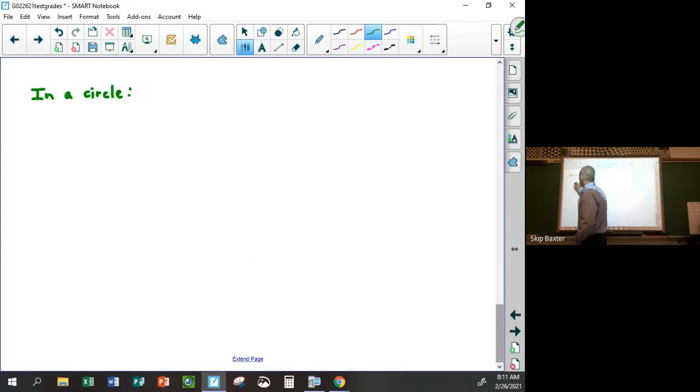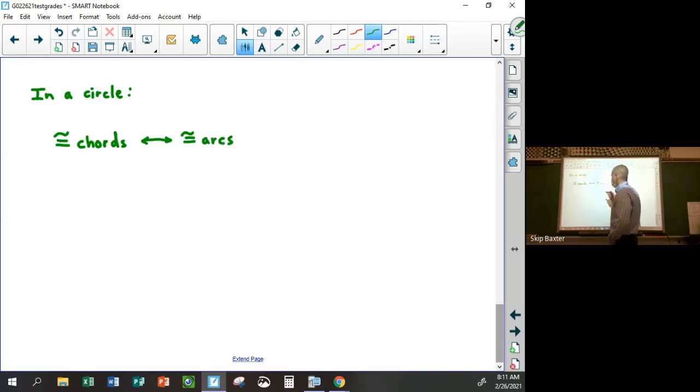I'm going to say congruent chords, and then I'm going to use a double-ended arrow, which means this is true if and only if this is true, right? They both kind of imply each other. So it basically means if you have congruent chords, then you have congruent arcs, and then another double-ended arrow, congruent central angles.